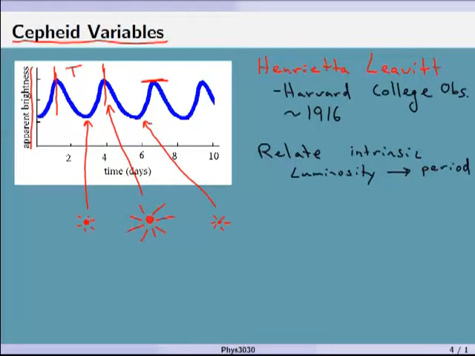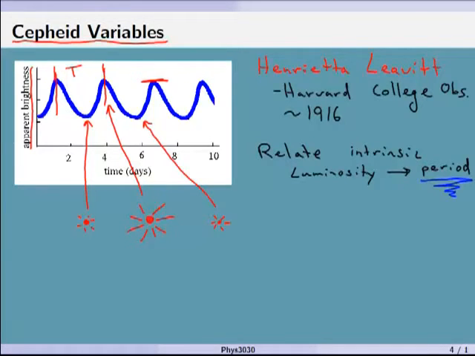I have something I can relate that has nothing to do with the apparent brightness. I can look in a telescope and it's easy to tell: it goes from bright to dark to bright to dark. It's easy to tell the difference between those peaks. And since I can easily tell the difference between those peaks, I can tell you what the intrinsic luminosity of the star is.